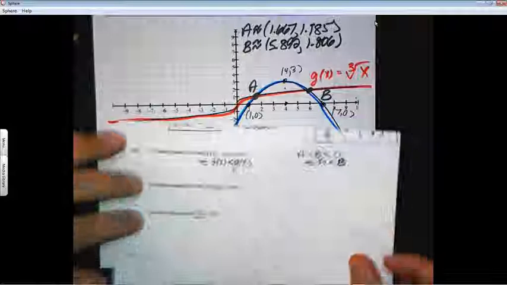The domain is -infinity to infinity. So f of x, the blue, will be less than the red for all values of x until we get to a. Once we hit a, the blue graph is on top of the red. And then after the intersection point, this is b, after b, the blue graph is below the red graph.